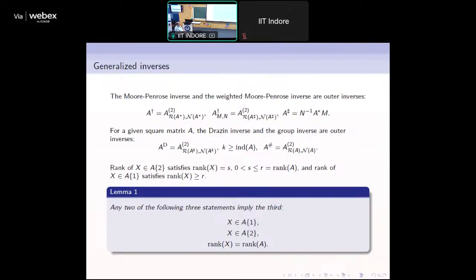The Moore-Penrose inverse is one particular outer inverse with prescribed range and null space equal to the range and null space of the conjugate transpose. The weighted Moore-Penrose inverse is an outer inverse with range and null space. The Drazin inverse is an outer inverse with range and null space related to the index of the matrix. The group inverse is the Drazin inverse in the particular case when the index is equal to 1.